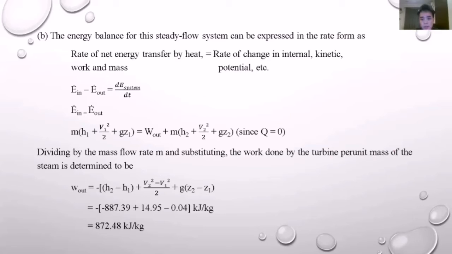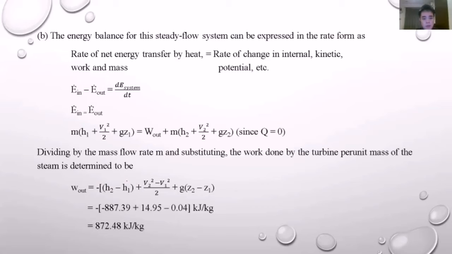The work done by the turbine per unit mass of the steam is determined to be W out equals negative, H2 minus H1 plus V2 squared minus V1 squared over 2 plus GZ2 minus GZ1.